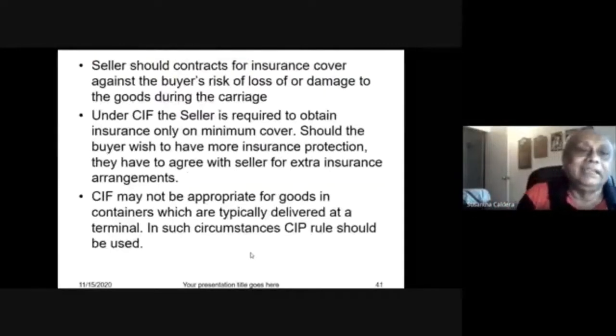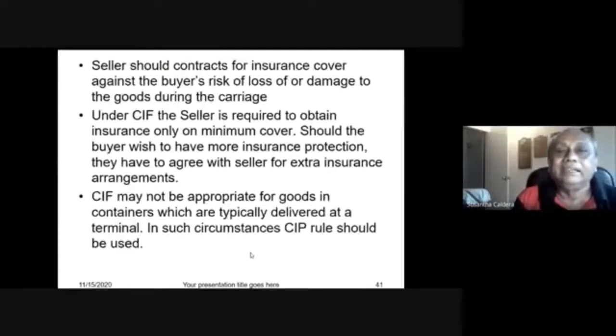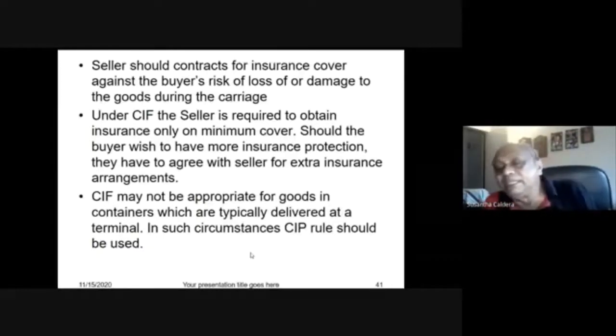Then the seller should contract for insurance cover against the buyer's risk of loss or damage to the goods during the carriage. But even though the seller arranges the insurance, the buyer must say what kind of insurance he needs. Very important. Right? Otherwise the seller can take the cheapest insurance.